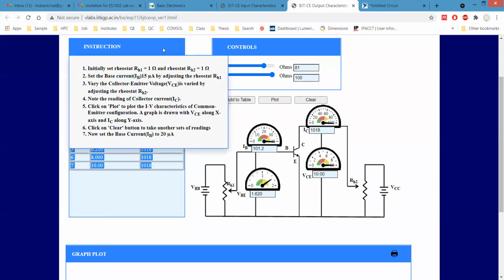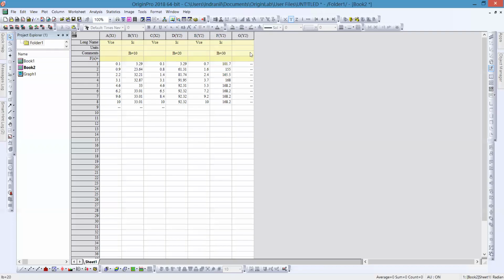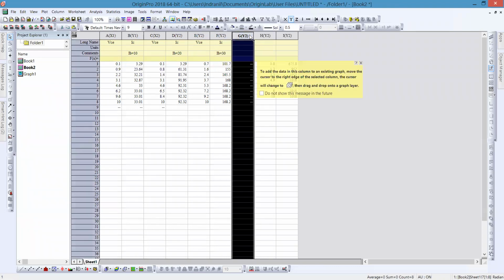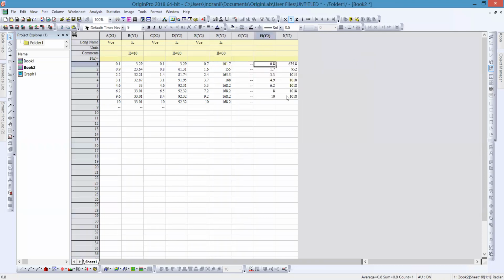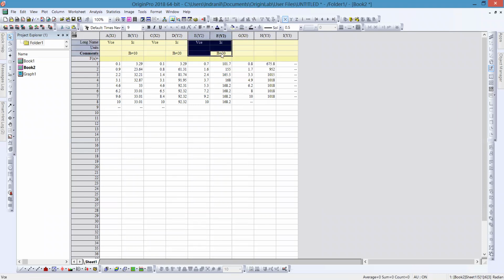Now I should share that screen. This graphing window is visible, right? Sir. Okay, so this one is for IB equals 100 micro.